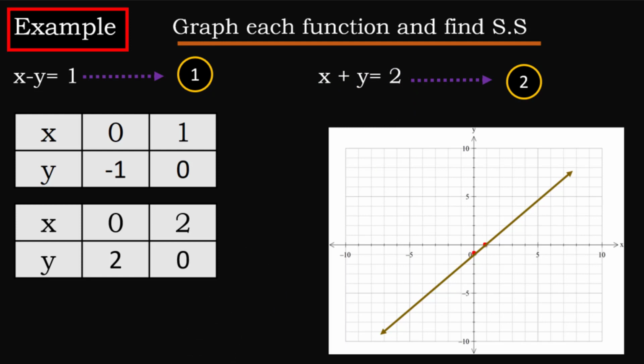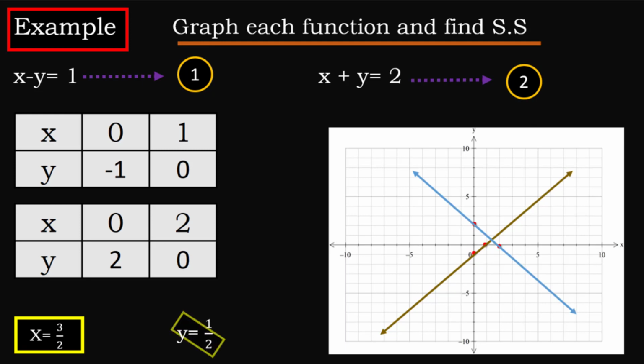Now we can plot the two points (0, 2) and (2, 0) and draw a line. We deduce that the two lines intersect in a point, where x is 3 over 2 and y is 1/2. So we can deduce the values of x and y from the graph.